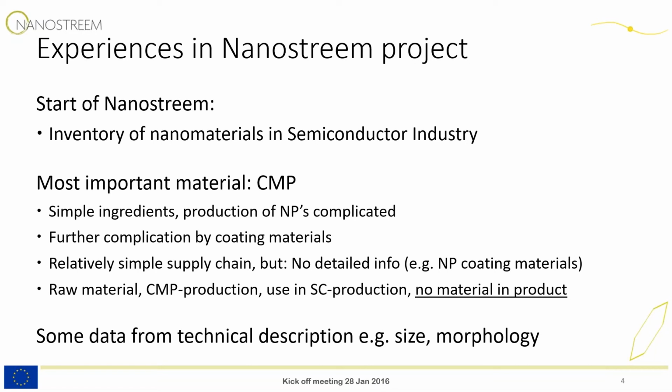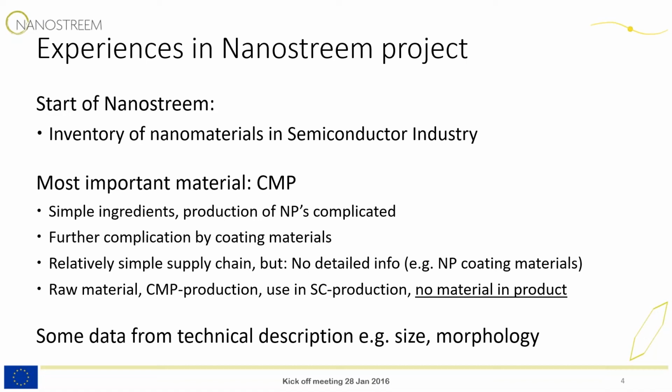And although we didn't research the supply chain, in most of the discussions between industrial partners, the conclusion was that the supply chain is relatively simple. You have the raw material, there is the CMP production, and then the downstream end user is the semiconductor industry.